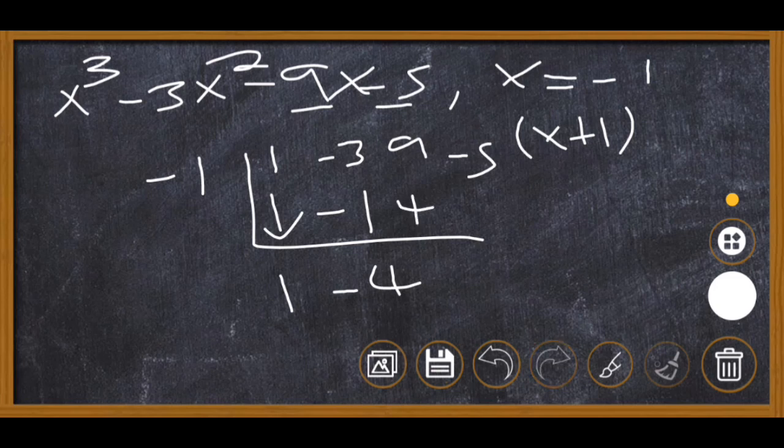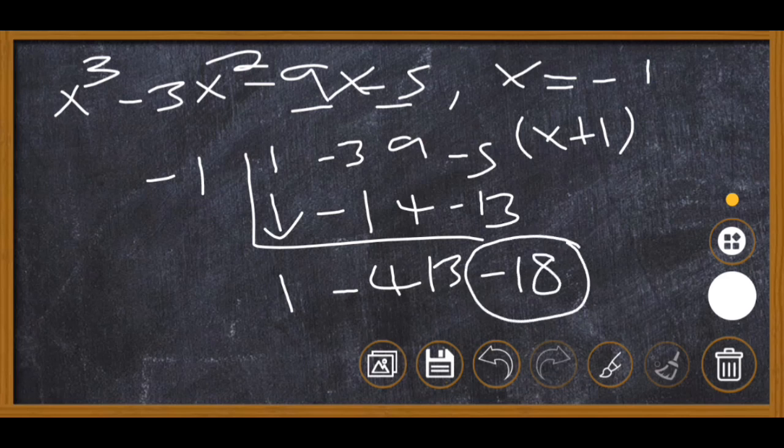Then 4 added to 9, it's going to be 13. Then 13 multiplied by -1 is -13. Then -13 added to -5, we're going to have -18. So this one here is our remainder, but our main focus here is this one.